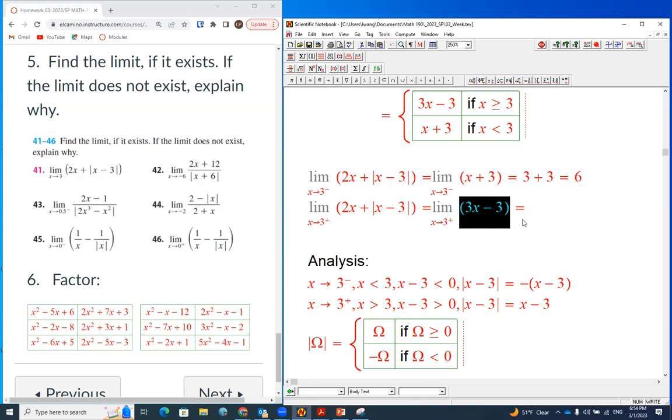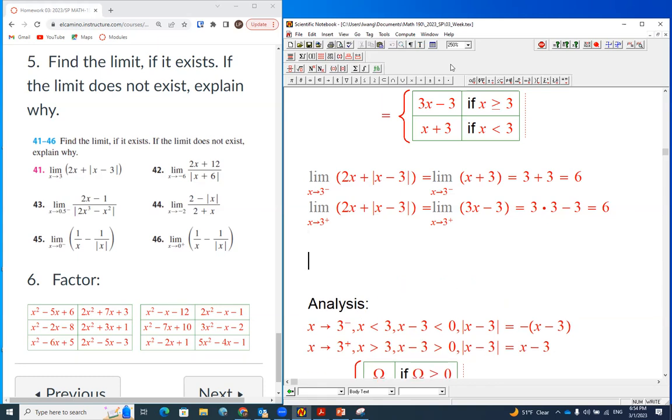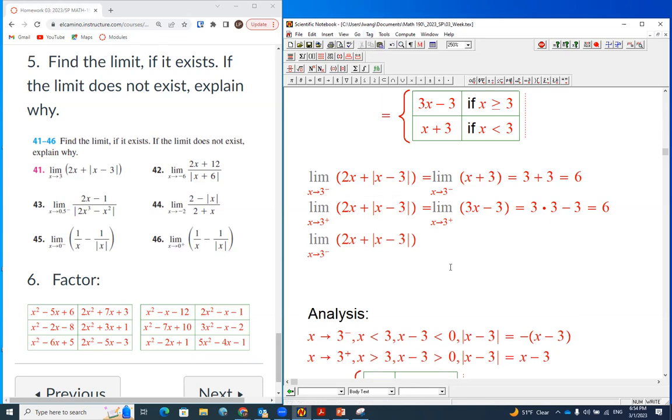So we're going to have 3 times 3 minus 3 equals 6 as well. So the limit from the left and the limit from the right are the same. Hooray! Limit from left is the same as the limit from right.